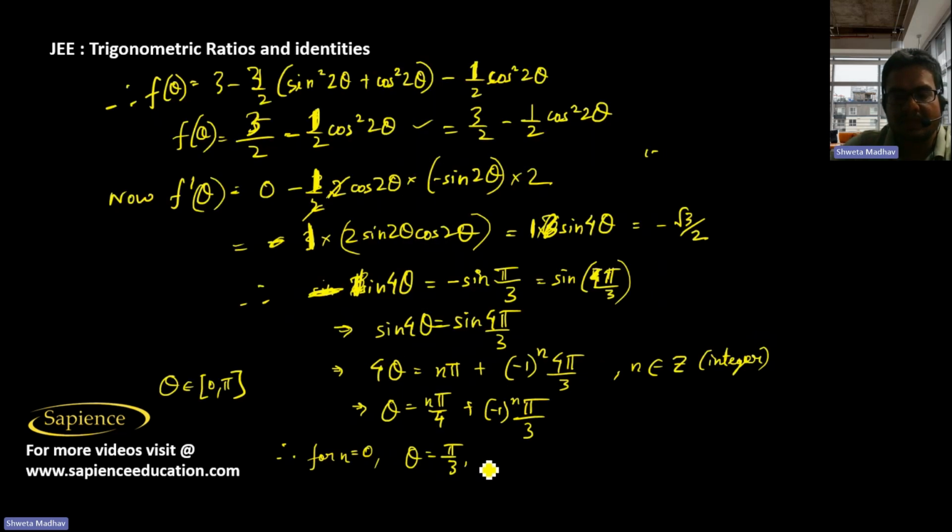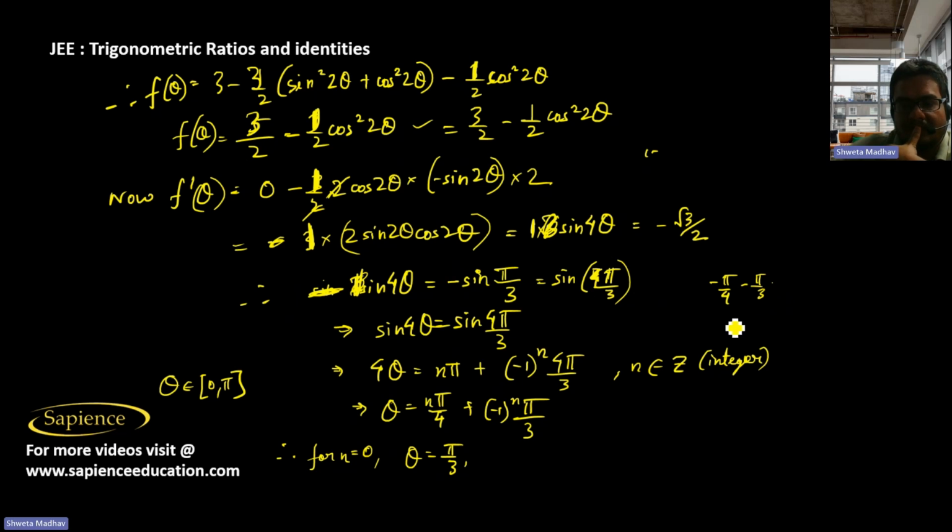So theta can be pi by 3. Now if I take n equal to minus 1, then it will become negative only, since it will be minus pi by 4 and minus pi by 3, that will be negative. So we can't take that.